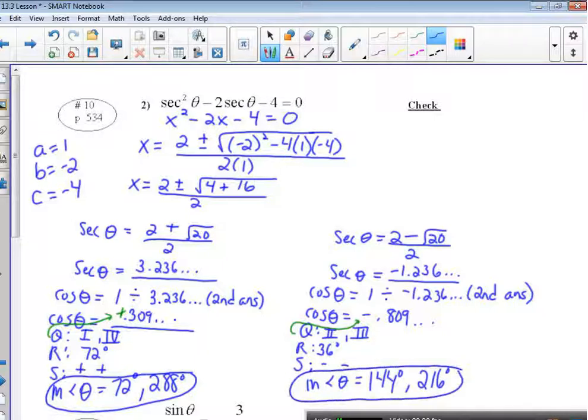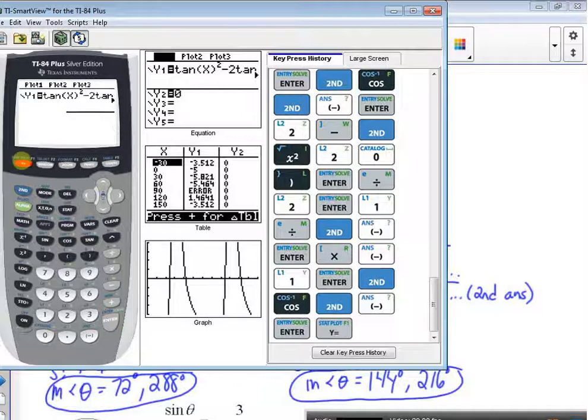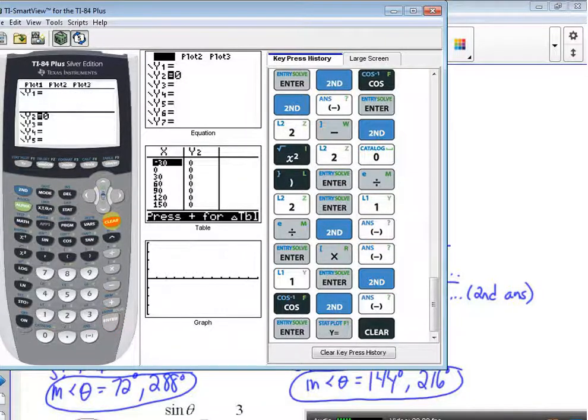Okay, so let's go to the calculator and check that out real quick. So I'm going to enter in. Now, to do the check here, that's going to be quite difficult. So I'm going to have to think about that.